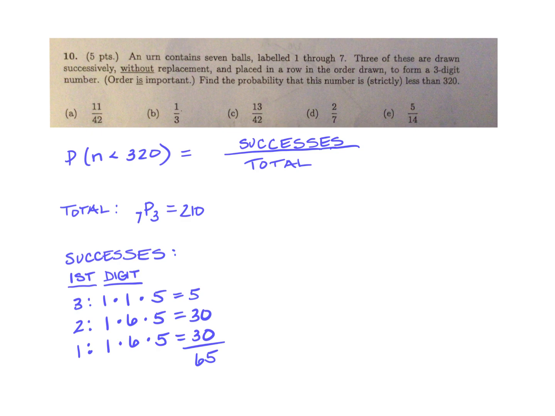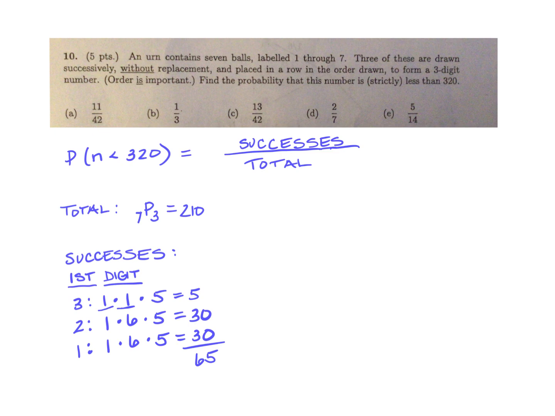Now, for the 3, the first digit, you only have one choice. 3, you already made it. Then for the next digit, because you can't be greater than 320, you only have one choice, and that is the number 1. The ones I have in these first 2 places is not the digit, it's the number of choices you have.